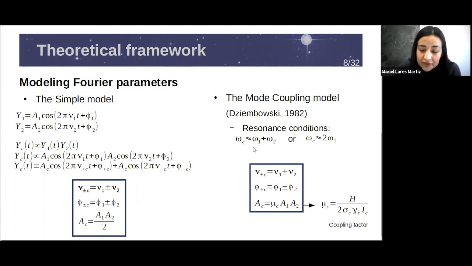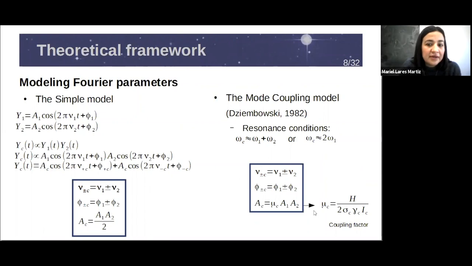And this coupled mode, which is going to be very near the frequency value of a combination frequency, has this way of modeling them, but the amplitude is described by this coupling factor.